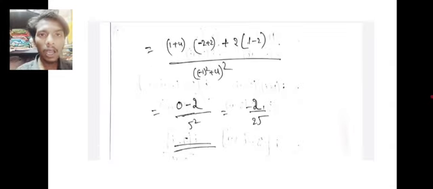And then again the next step is 1 plus 4 into minus 2 plus 2, it becomes 0, and then plus 2 into 1 minus 2. 1 minus 2 means nothing but minus 2 by minus 1 whole square plus 4 whole square. It becomes 0 minus 2 by 5 square. 5 square is nothing but 25. 0 minus 2 means minus 2 by 25. The final answer is minus 2 by 25.